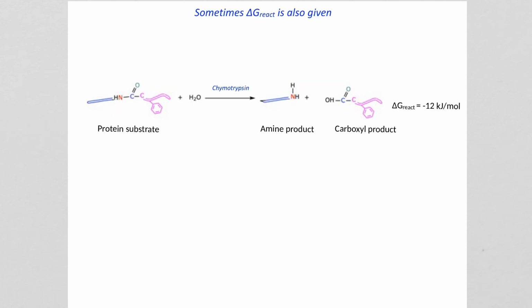Later on, when we look at metabolism, we'll come across many biochemical reactions. Sometimes besides the reaction with the name of the enzyme, we see this value here, this delta G reaction. So for example, for chymotrypsin, this delta G reaction for a typical protein substrate is minus 12 kilojoules per mole.